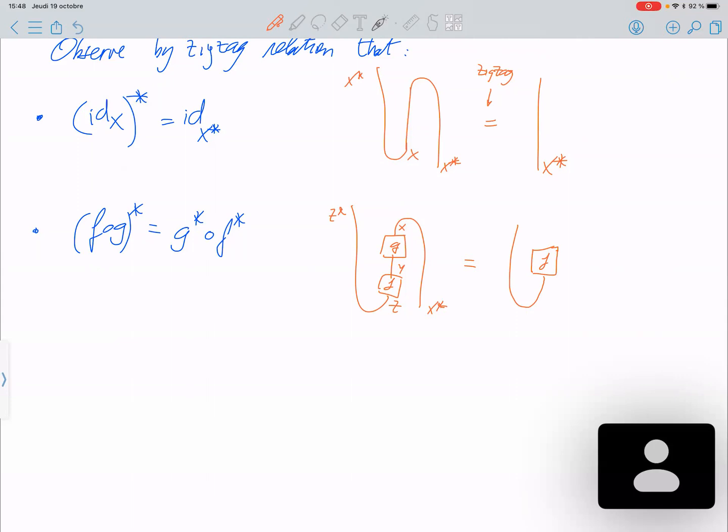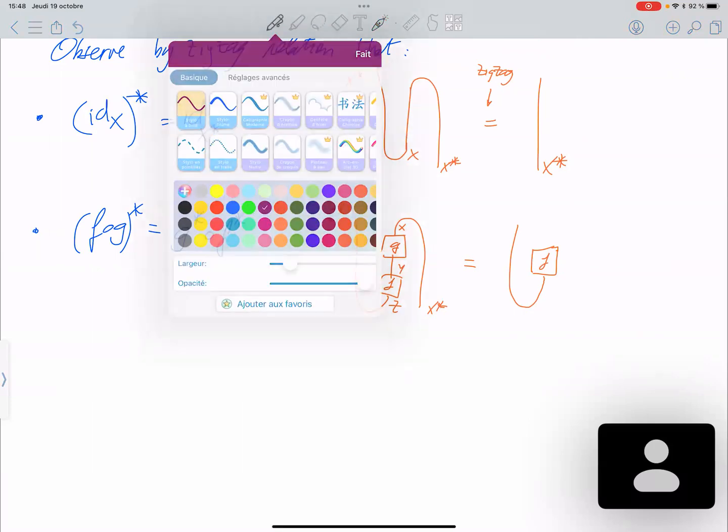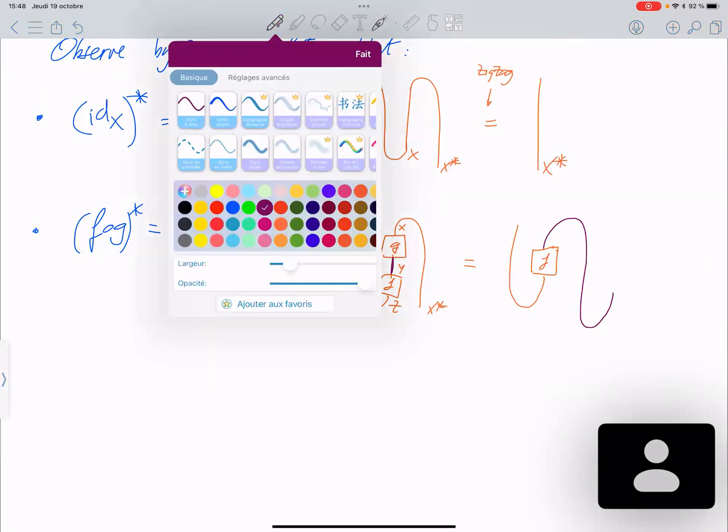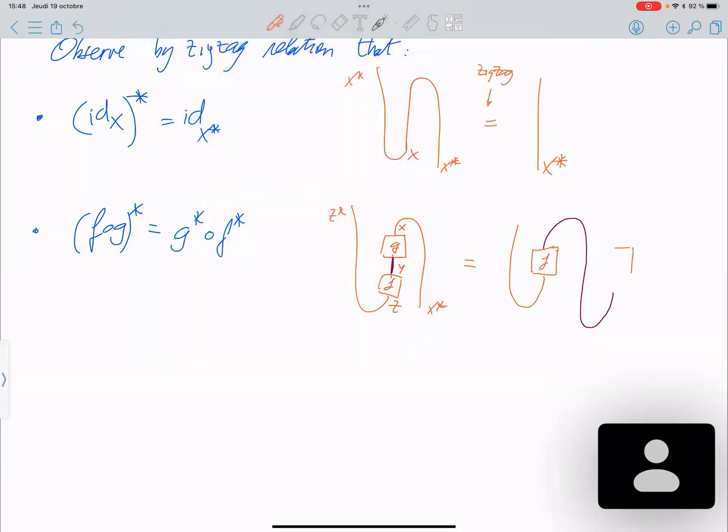And then you want to replace this one by a zigzag. Here you have a zigzag. Okay. And then you have G and like that. Okay.